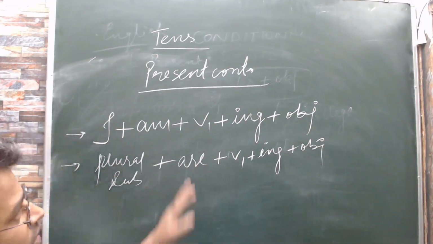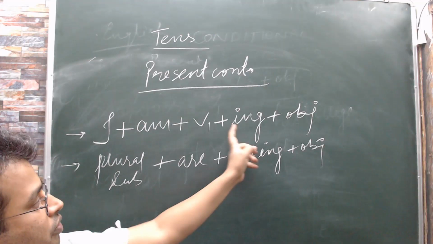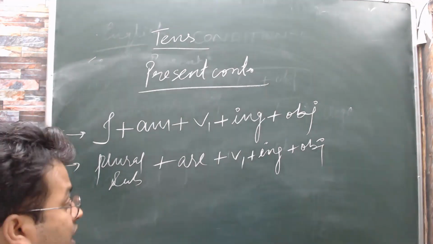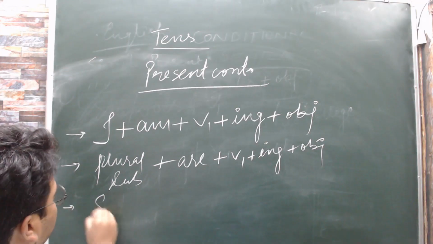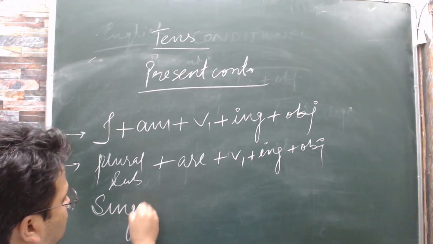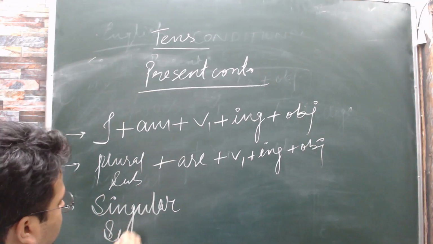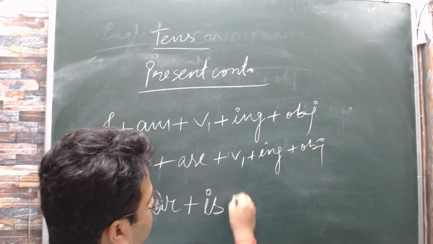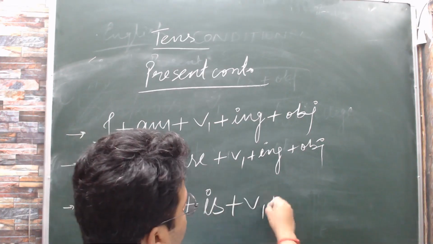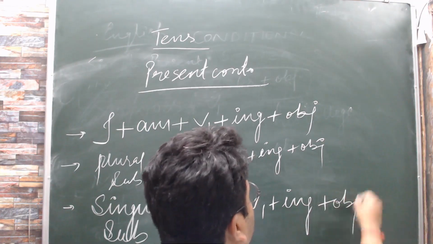So whenever you find a continuous, you will find verb first form plus ing, always, right? And if we have a singular subject, we always use is with them plus verb first form plus ing plus object, right?